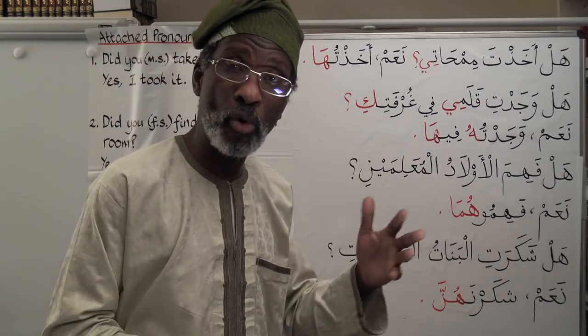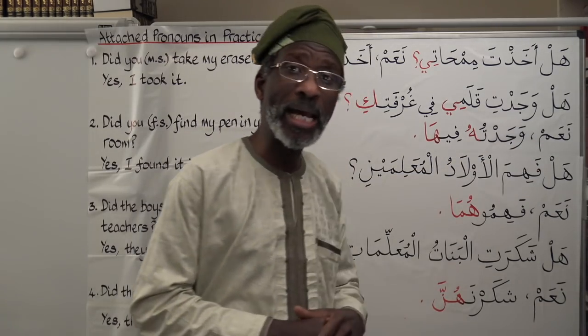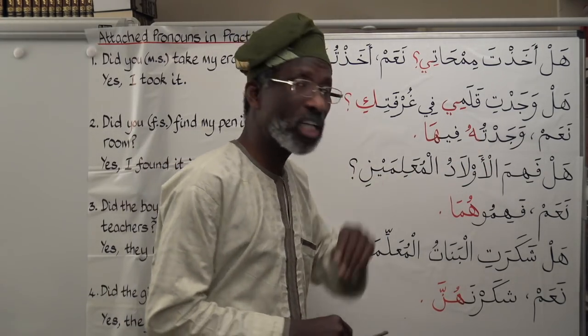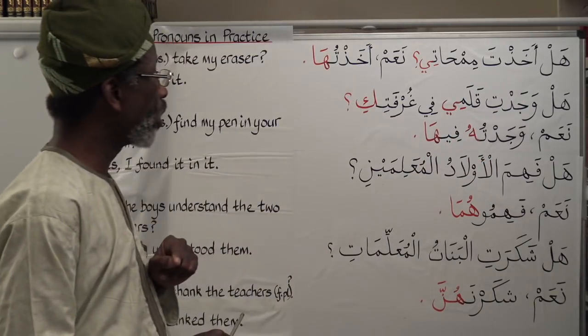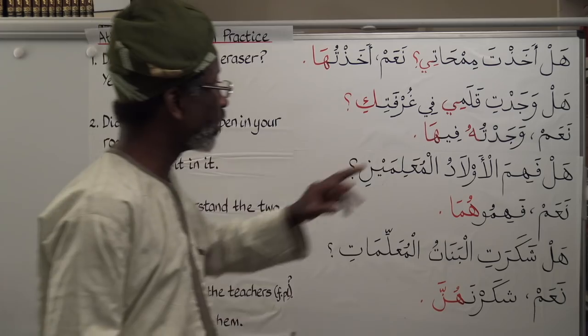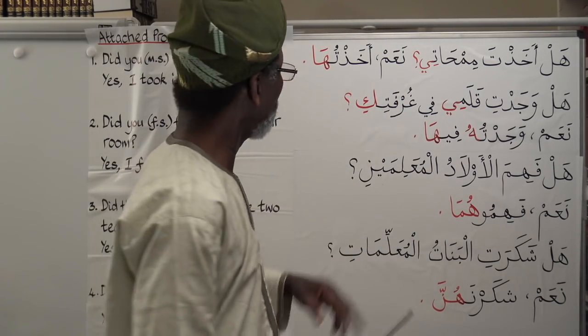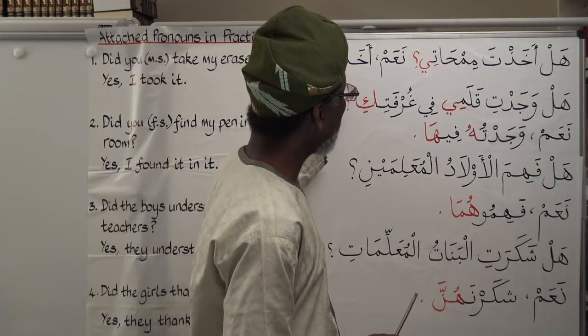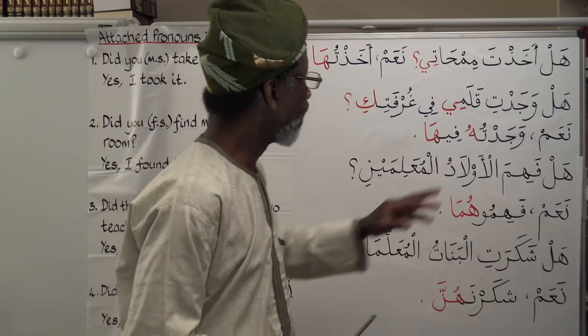We're going to learn more about prepositions later on. نعم, yes. Wajadtu, that's me, I found it. This time it is "hu", wajadtuhu, because it's referring to qalam, and qalam is masculine. Whereas here we use "ha" because we are referring to feminine, mimhat.